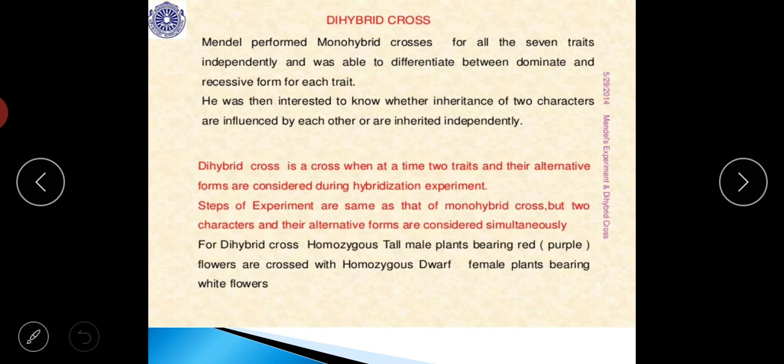Steps of the experiment are the same as that of a monohybrid cross, but two characters and their alternative forms are considered simultaneously. For the dihybrid cross, homozygous tall male plants bearing red or purple flowers are crossed with homozygous dwarf female plants bearing white flowers.